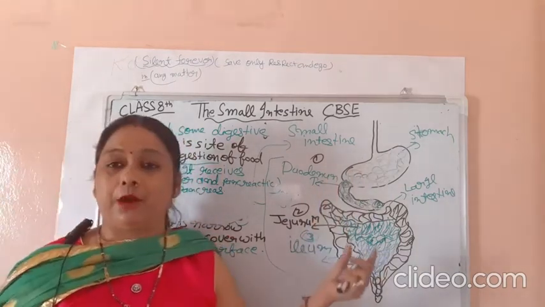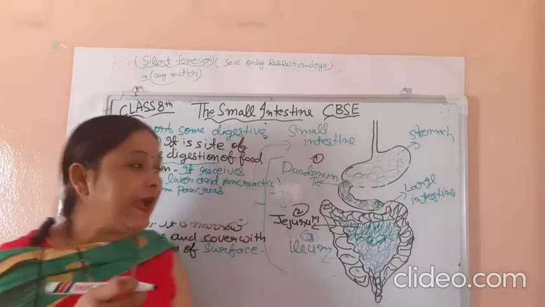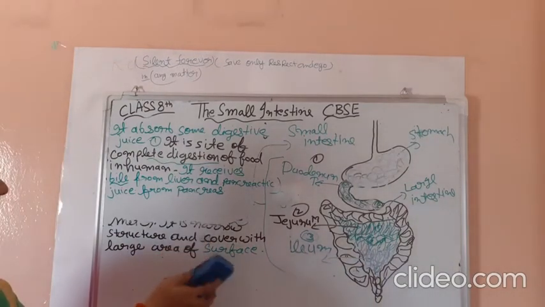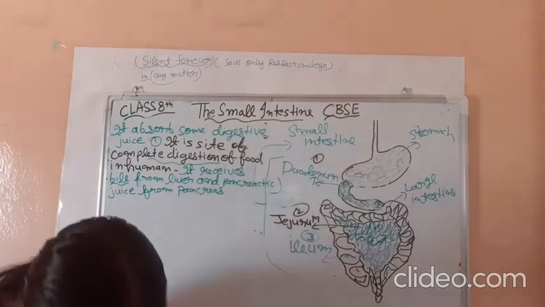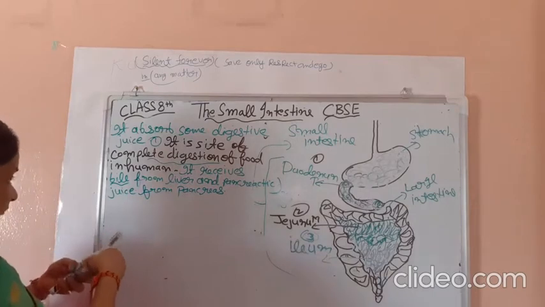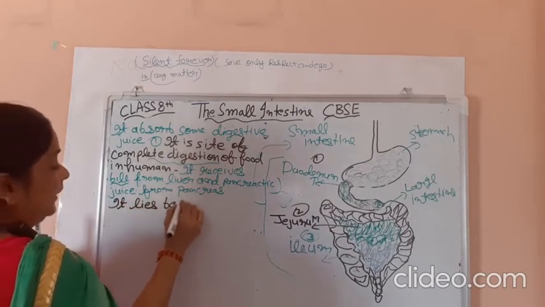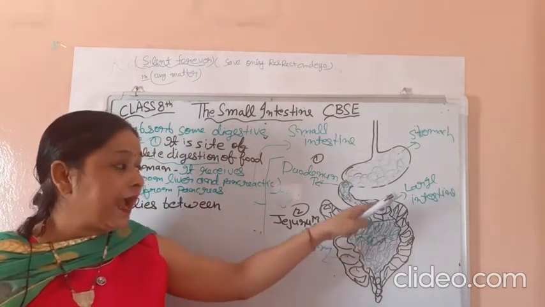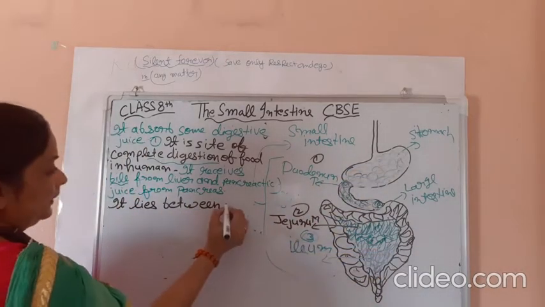A little bit of description about the small intestine and its location. The location of the small intestine is a very important point. You can see on your screen, it lies between the stomach and the large intestine.